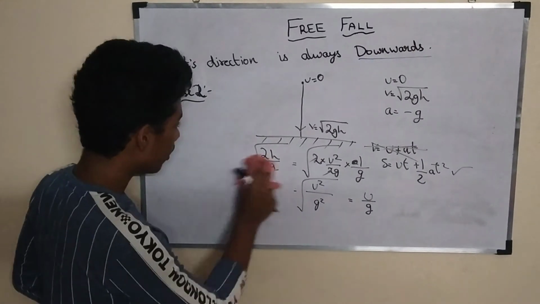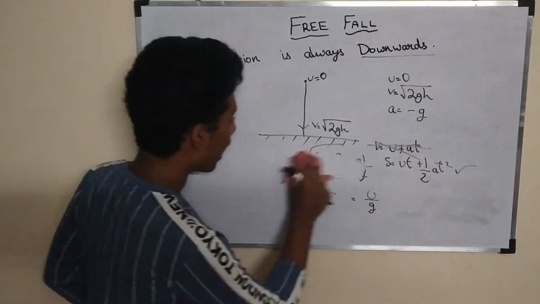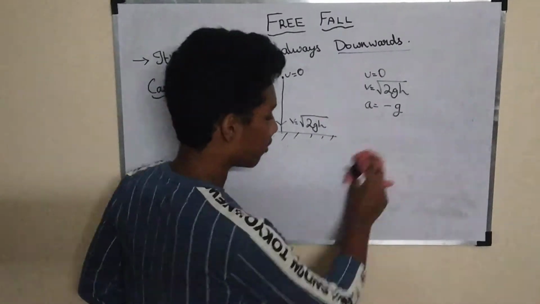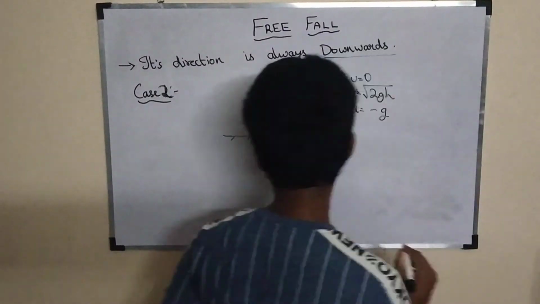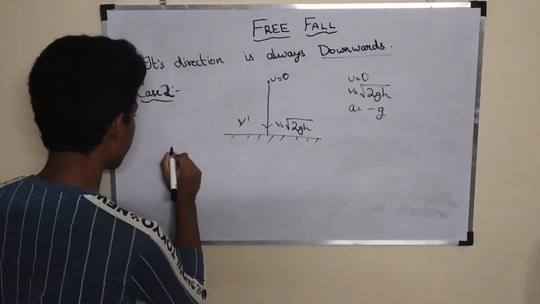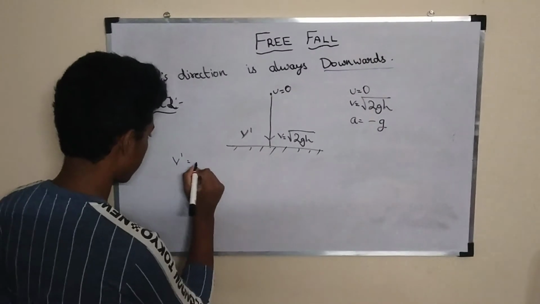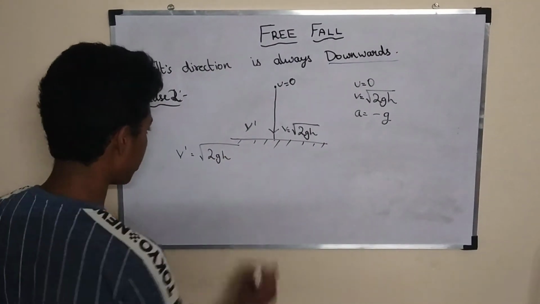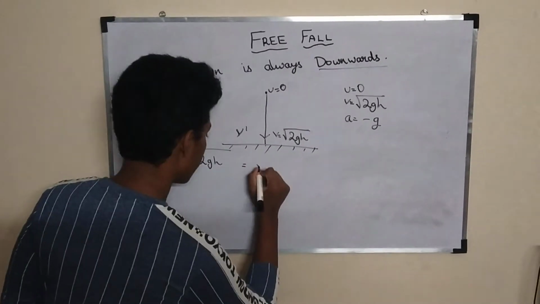Now let us find out the velocity at which it strikes the ground. Let us say it as v dash. Already we know v dash is root 2gh, and we know the value of h, u square by 2g.